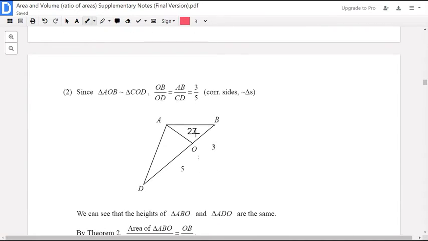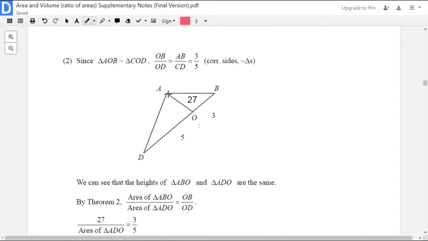The ratio is 3 to 5, and this is 27. Now, imagine you are looking at the triangles in this direction. Looking at this, you can see triangle ABO and triangle ADO are of the same height. This is the height.